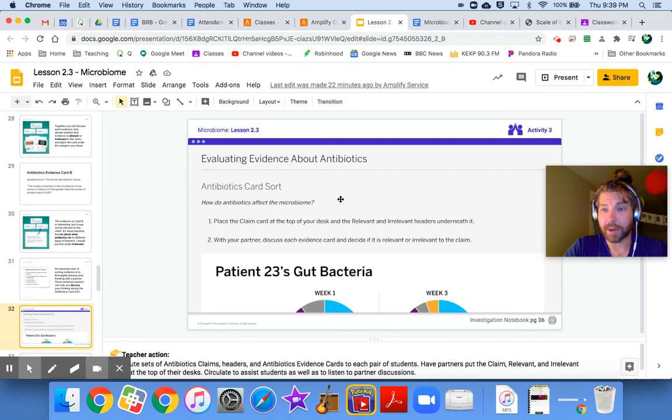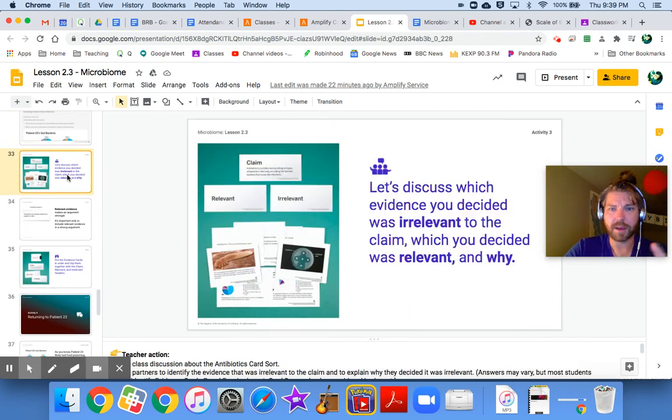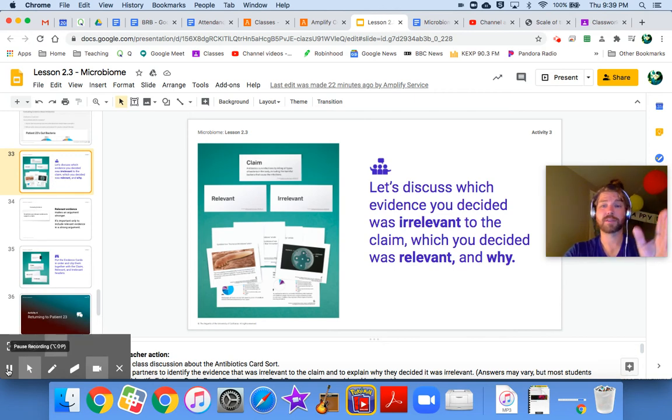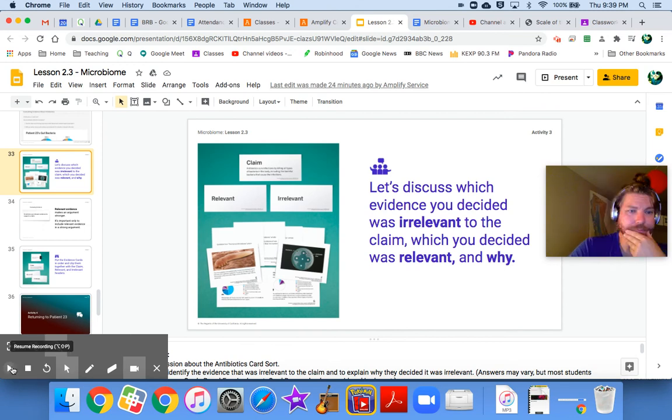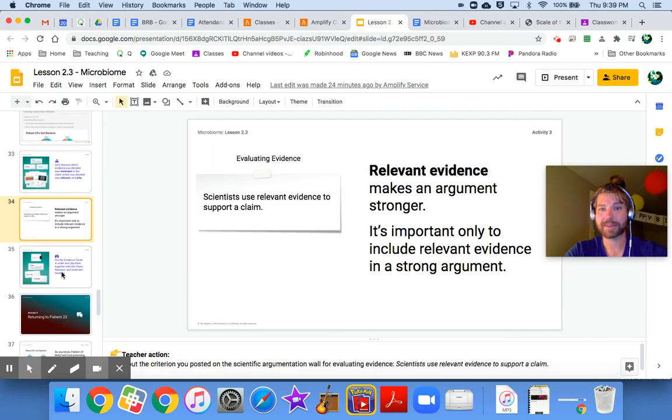If you don't print them out, you could just make mental notes of which one's relevant and which one's irrelevant, and then we will discuss. So go do that right now. Go ahead and hit pause and sort your cards. When we meet together again as a class, I will ask you which ones you thought were relevant and which ones were irrelevant. So we're going to go ahead and skip forward.